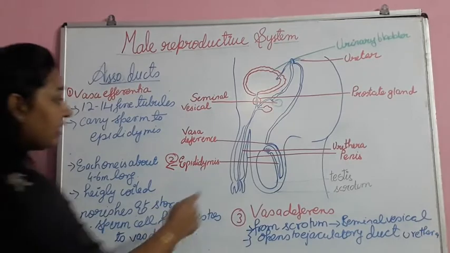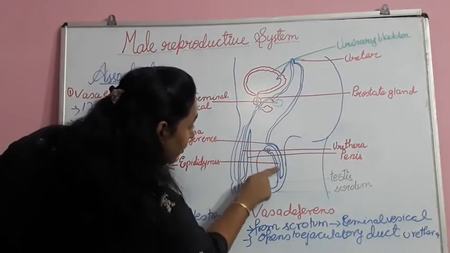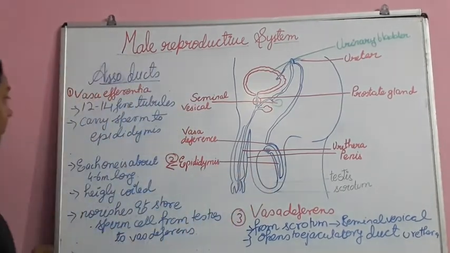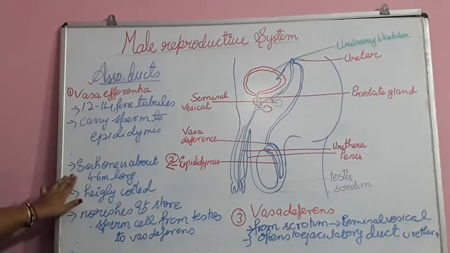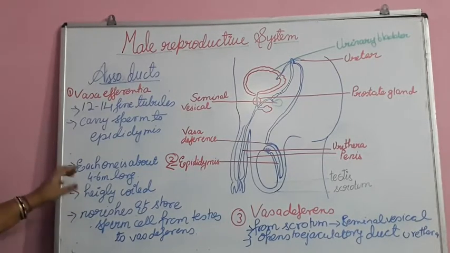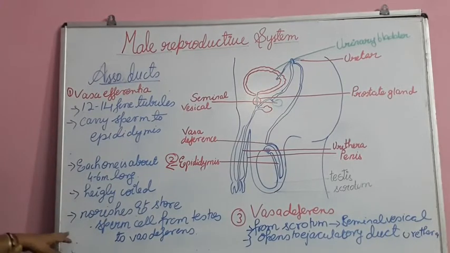Now let's see what this highly coiled epididymis does. Each one is about 4 to 6 meters long. They are highly coiled, and they nourish and store the sperm cells from the testes before the vasa deferens.